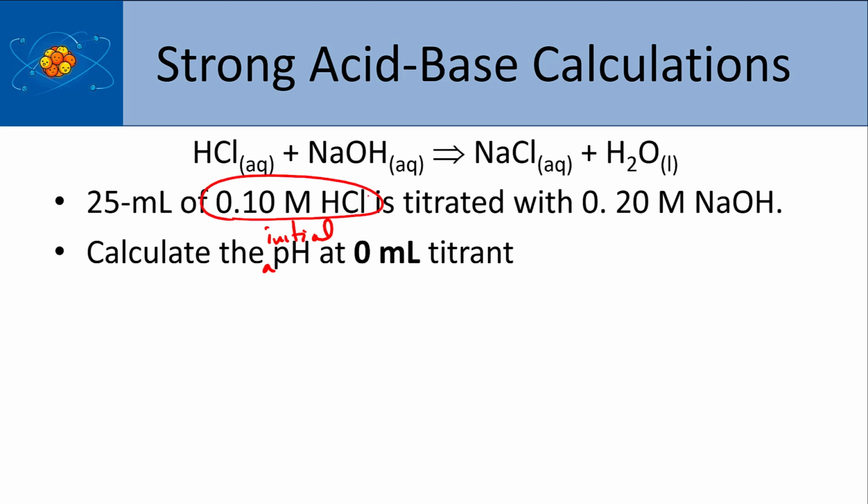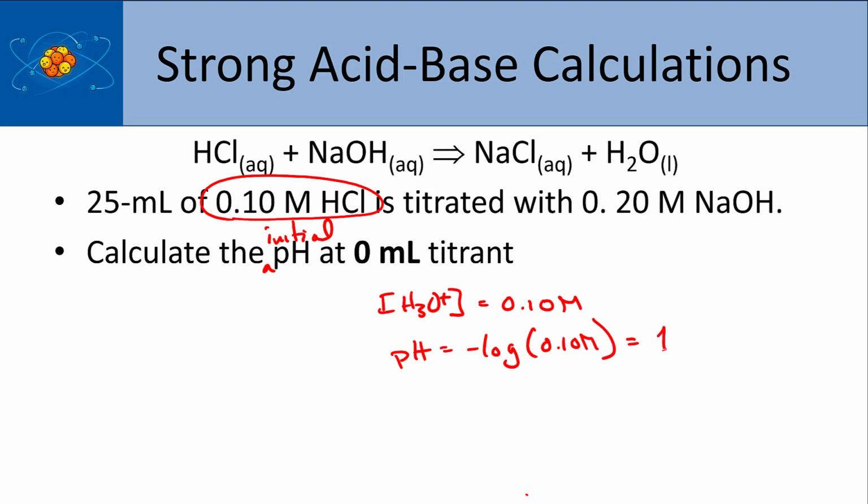You haven't changed anything. So the concentration of H3O+, because that's a strong acid, is equal to 0.10 molar, and pH is equal to negative log of 0.10 molar, so that'll be 1.00. That's the easy one of these calculations. It's just the molarity of the HCl that's given to you.